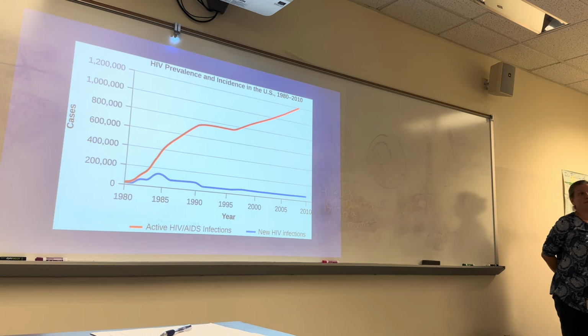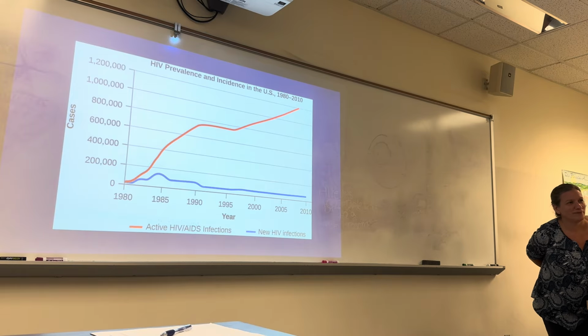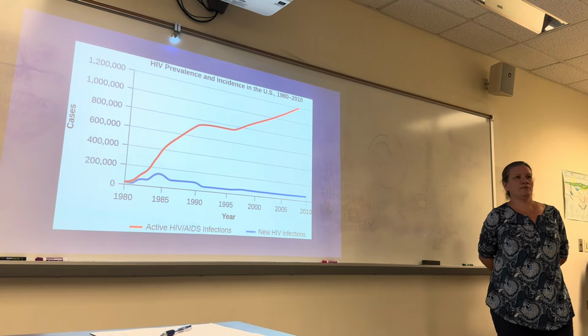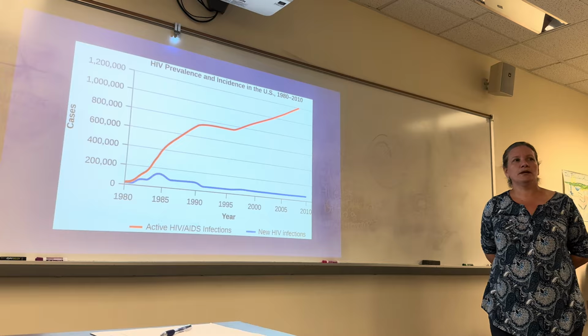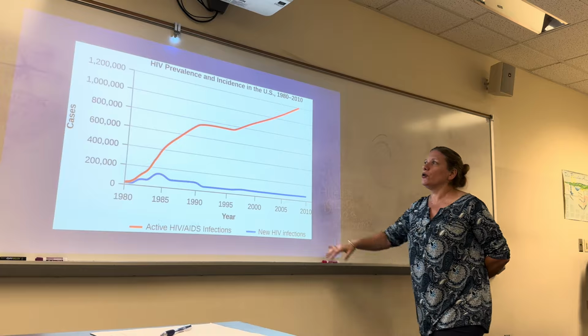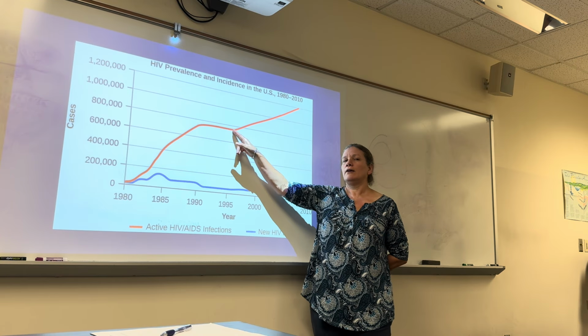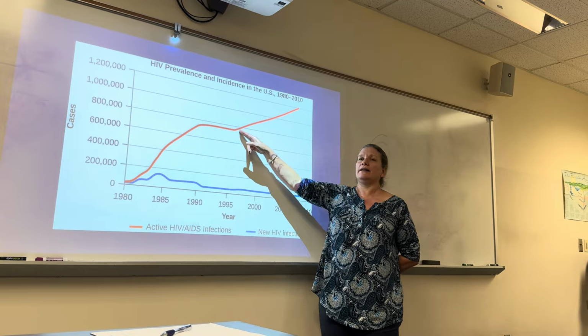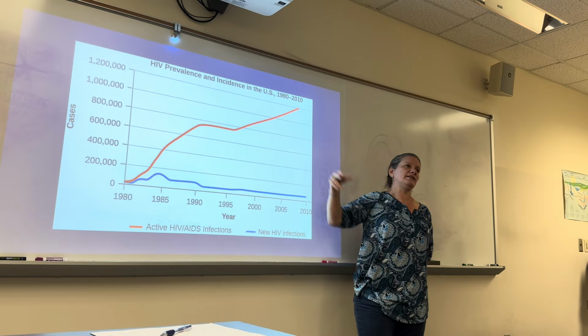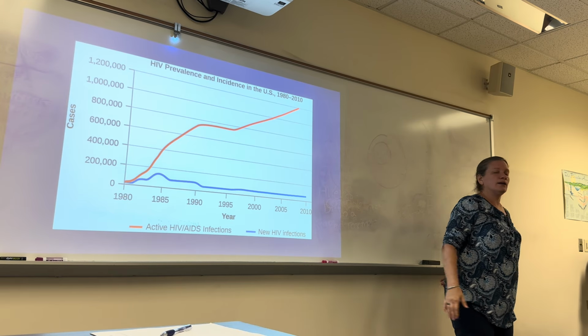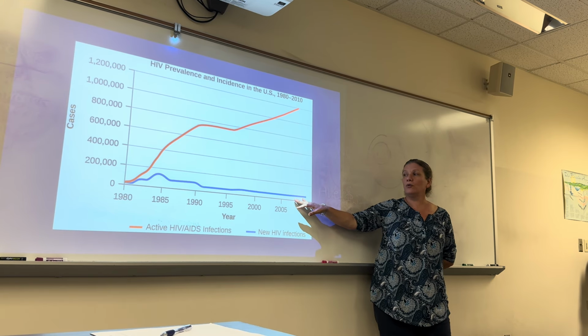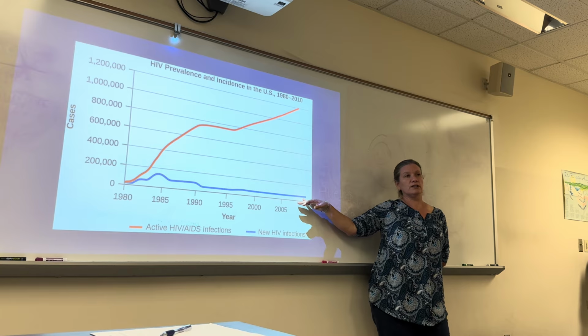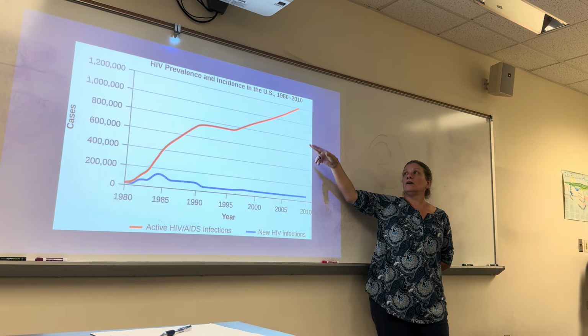People started living longer. And why would they do that? Medication. There we go. Yep, exactly. So effective medications then came into play, and so we now see total number of cases continuing to increase, even though new cases are remaining relatively consistent.